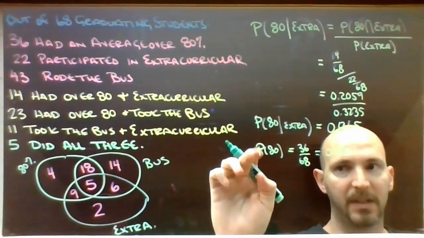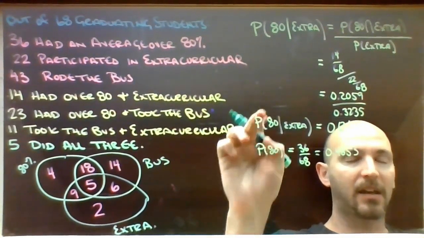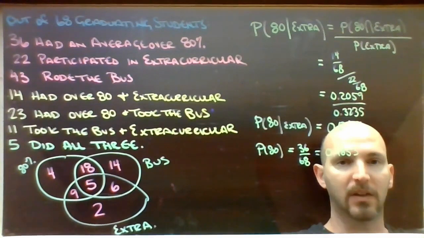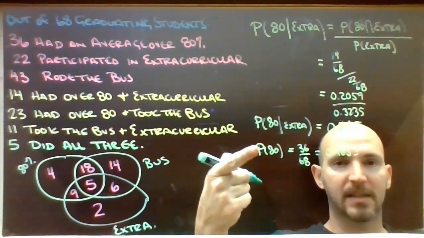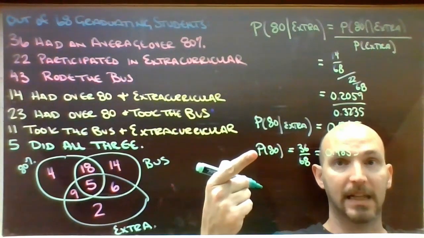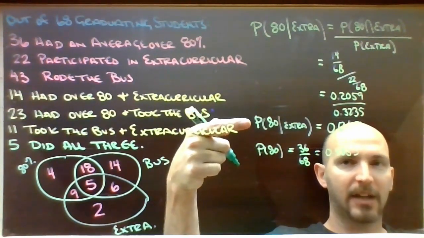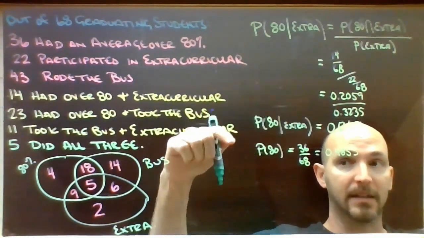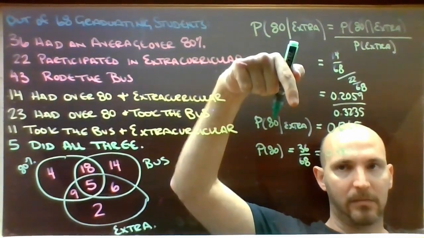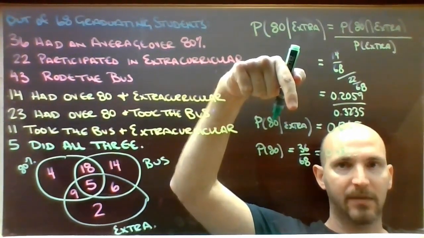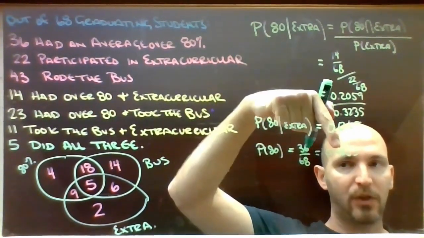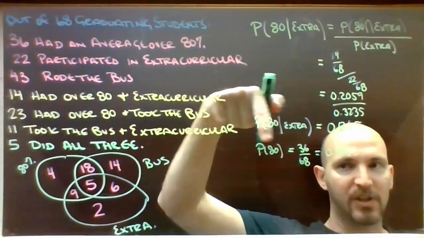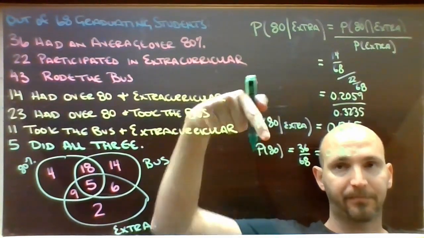So the probability of getting an 80 given that you were in extracurriculars is higher than if you had just checked the probability of getting an 80. So that's that thing there again, showing that it's overrepresented. If you were in extracurricular activities, you are more likely to have gotten an 80 than if you didn't, or if we just take the general population.